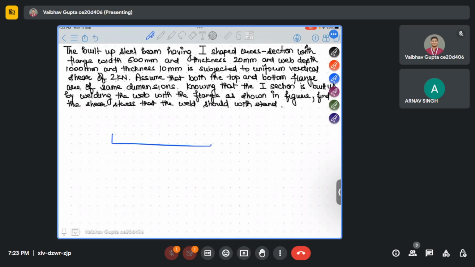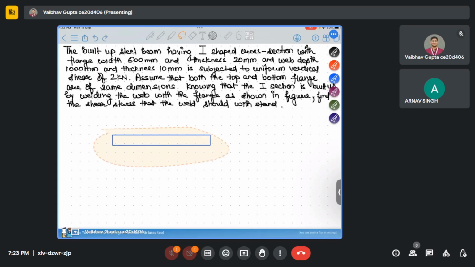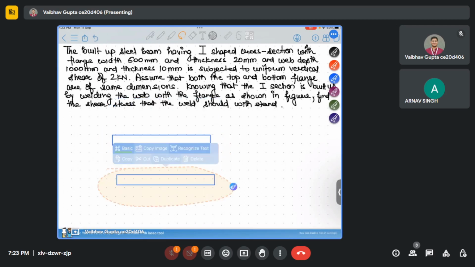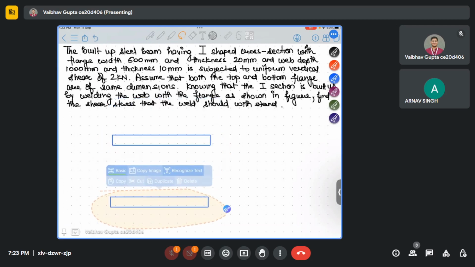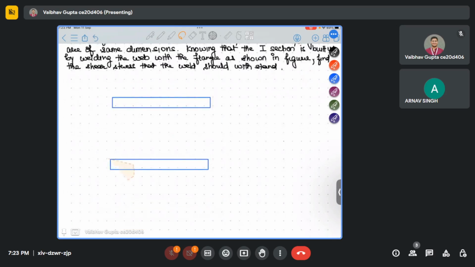I'll draw the figure first. So this is the I section given to us. They have given TF, thickness of flange, as 20 mm.